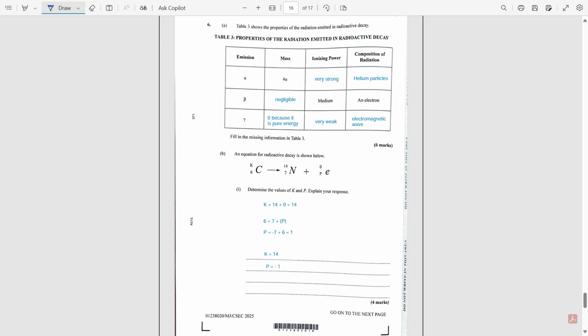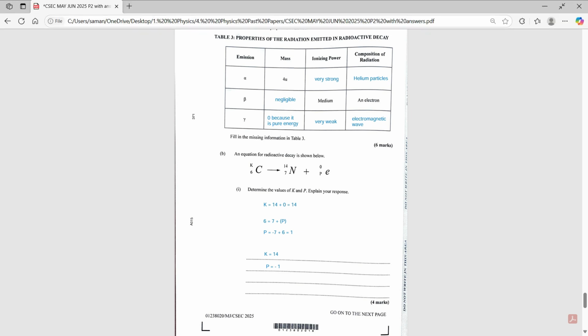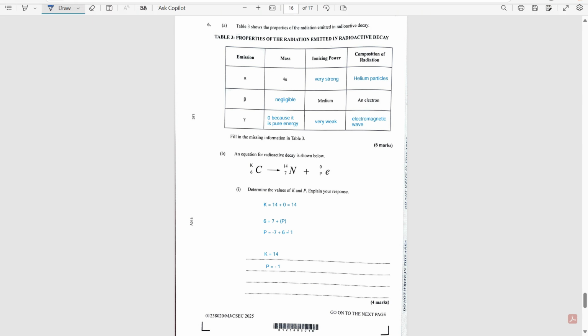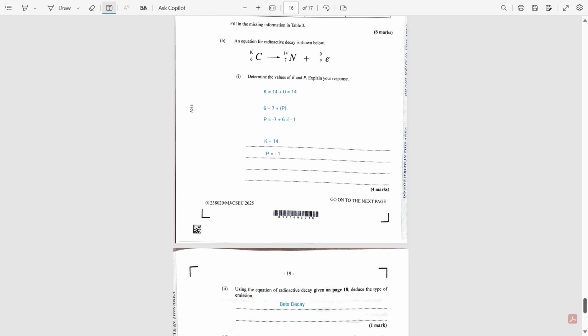You must have a negative 1, right? I don't see the negative 1 here. So let me fix it. So this should be negative 1 right here. And so we have the negative 1 here. Okay? So that's negative 1 right there. So K is 14 and P is negative 1. So it was just a simple addition.